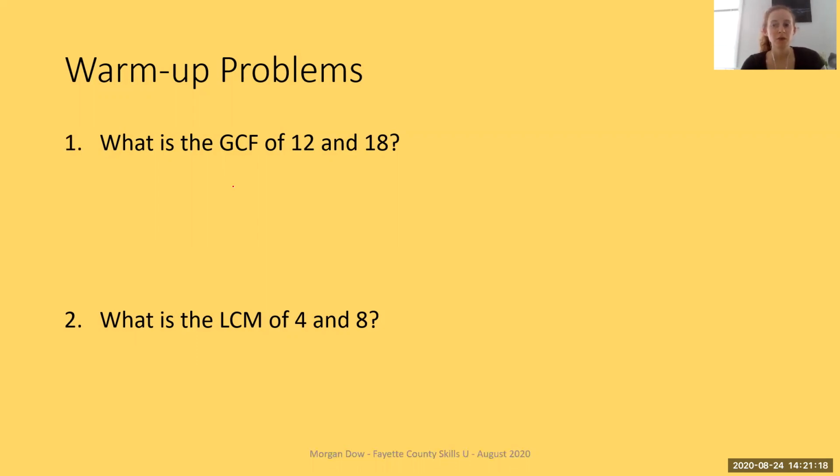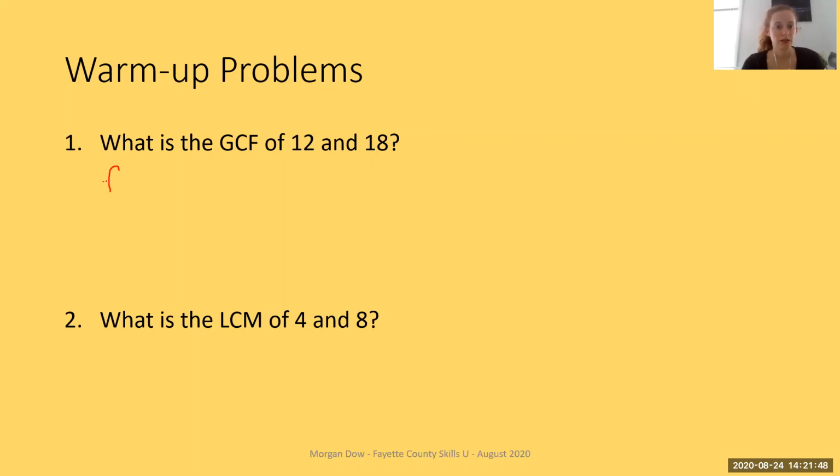So if you had trouble remembering what that means, I would again go back to last week's lesson and take a look at probably the last 15 to 20 minutes of that video. So greatest common factor, we want the greatest common factor of 12 and 18. We're gonna start by thinking of factors of 12, thinking of factors of 18, and then determine what is the greatest factor that they have in common.